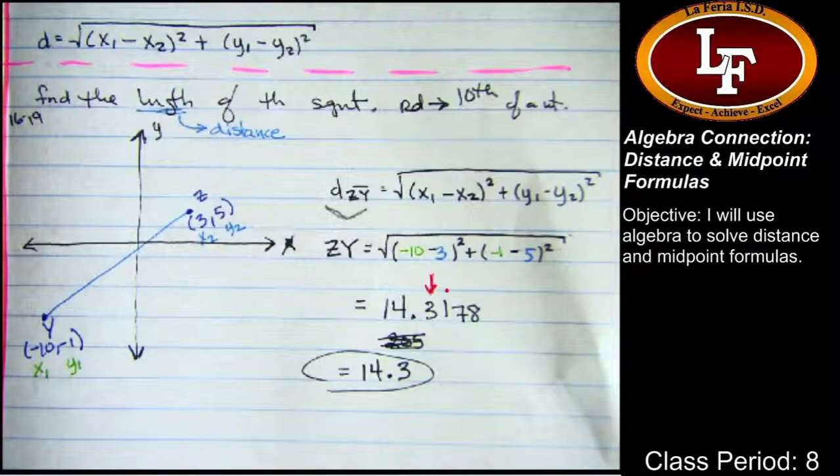The length, which is the same as the distance, which means you're going to use which formula? The distance formula. How many times are you going to do the distance formula for each one of those? Twice. Why? Because there's 2 different line segments. Nicely done.